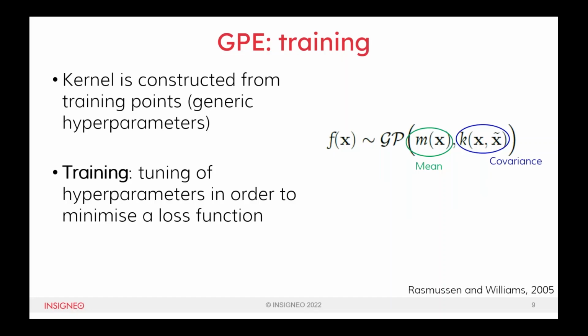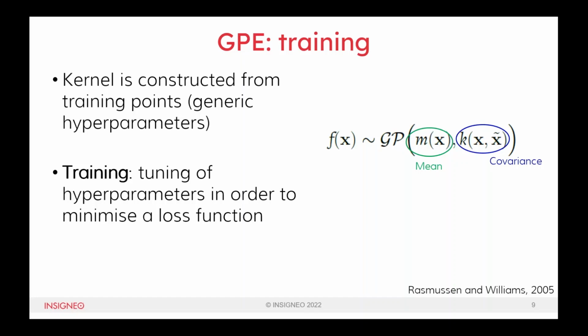Now, a Gaussian process is defined by its mean and covariance, and these are computed, as I said, after observing how the simulator behaves on the training points.